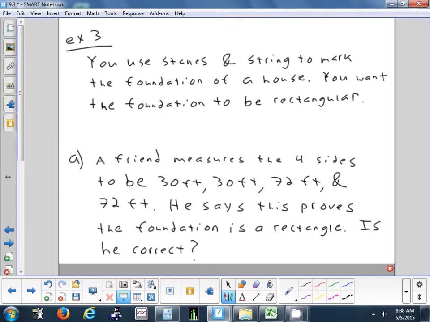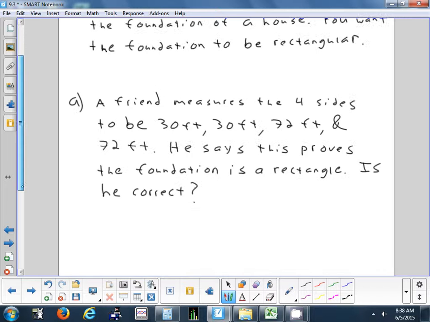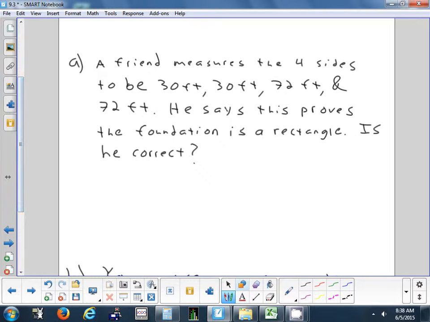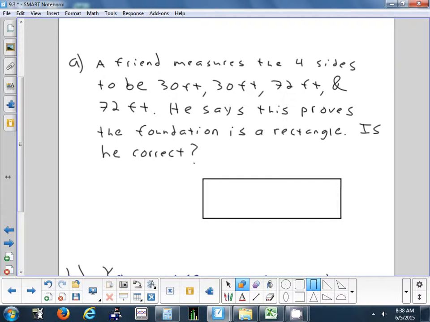If you measure all four sides of the foundation and come out like that, does that prove your foundation is a rectangle? No? What does this prove it is? Parallelogram. Yeah, all this proves is you have a parallelogram. Let's just make a sketch of it. Here's your foundation.